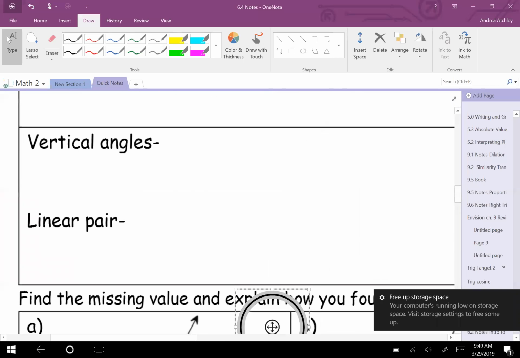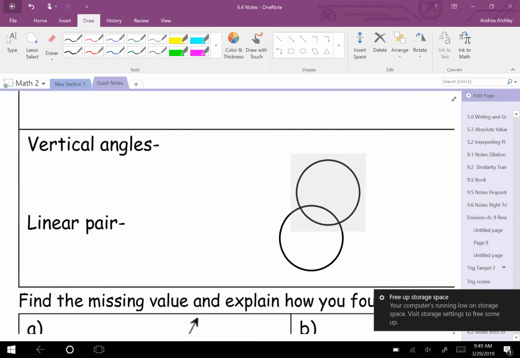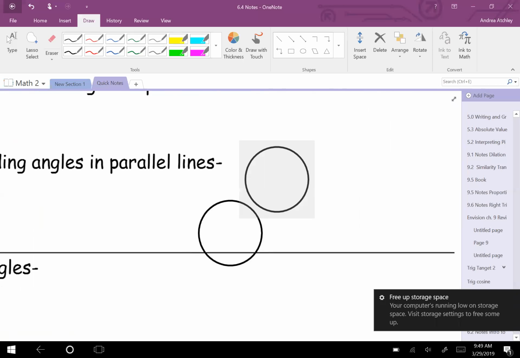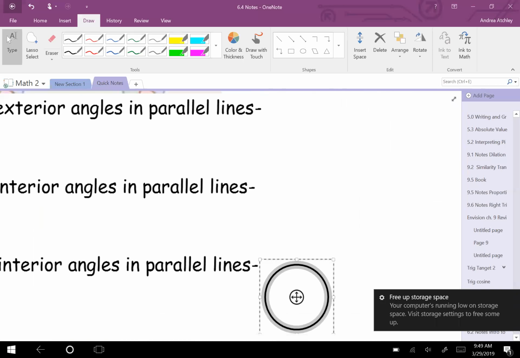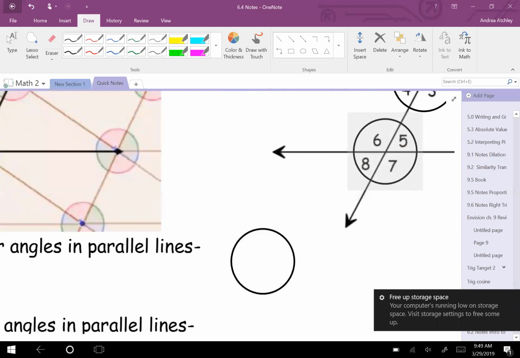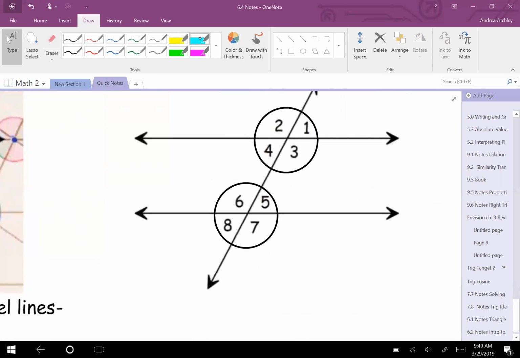Move this up all the way up here. Almost there. There we go. Isn't that beautiful? And then we're going to just put here and here are congruent.